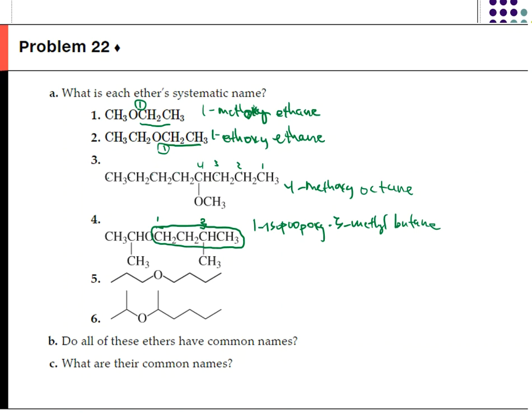All right, number 5, they give me a skeletal structure just to try to confuse me. However, I try to find the longest carbon chain. Here I've got 1 carbon, 2 carbon, 3 carbons. And then here I've got 1 carbon, 2 carbon, 3 carbon, 4 carbons. So 4 carbons are going to be my longest chain here. So this is going to be a butane again.